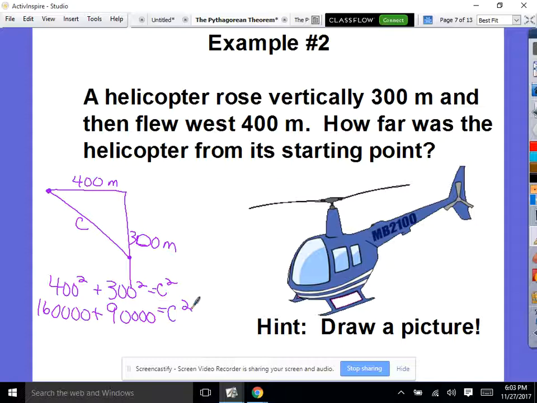And if we add these, we should get 250,000 equals C squared. And when we take the square root of that, we get C equals 500 meters. So this helicopter is 500 meters away from where it started.